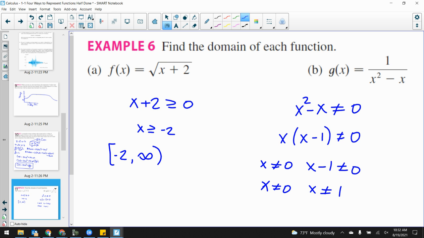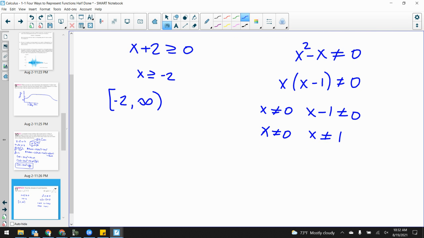Now, the tricky piece to this is writing it into interval notation. Whenever you have a not equal to, it's really tricky to write as interval notation. You've got to use union symbols. So we say, okay, anything below 0 can be a solution.